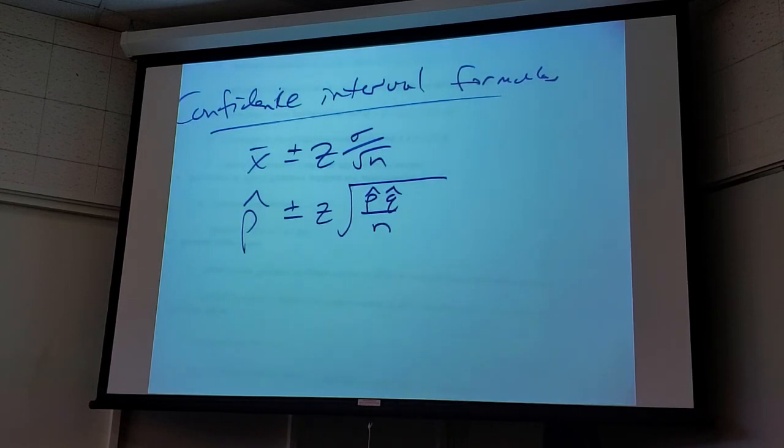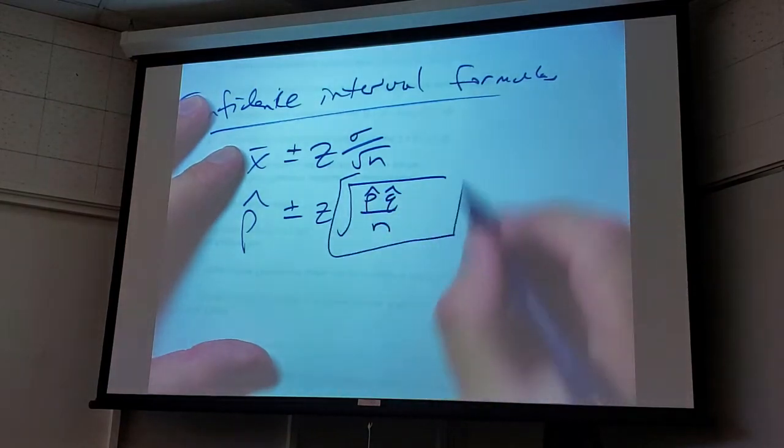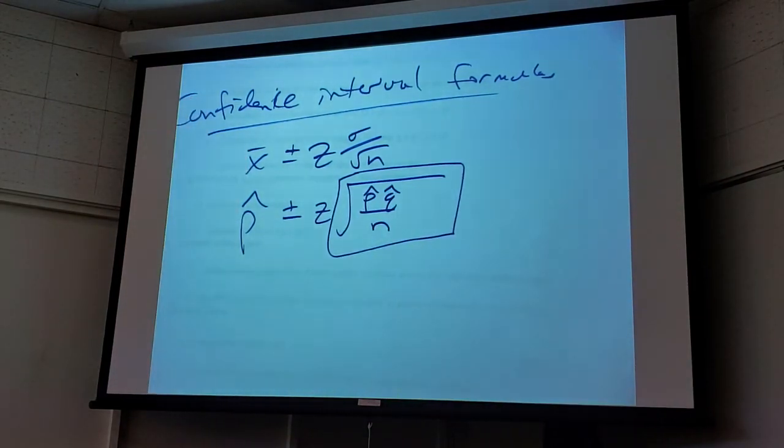Give or take a z-score, or in the case of x bar, could be t, something that tells me how far to go. And the next thing is the spread. So therefore, what is this? That's the spread for a percentage problem. That's the spread for an NPQ problem, like a hypothesis test. That's the spread. That's the standard deviation.